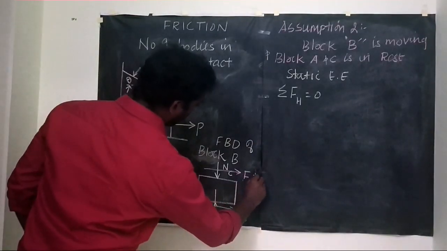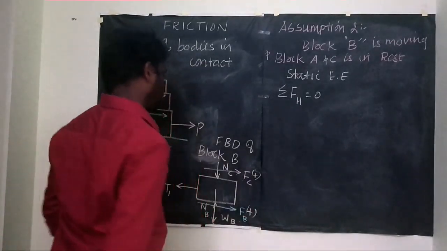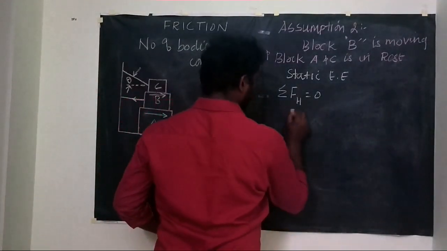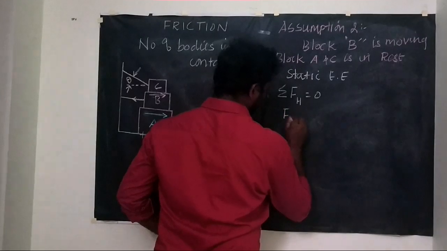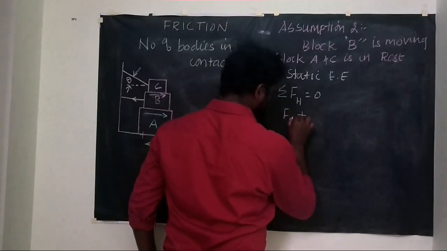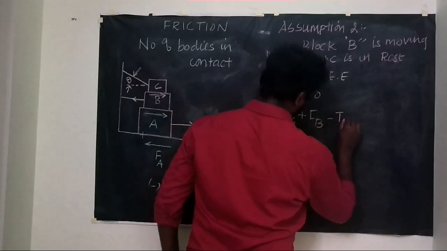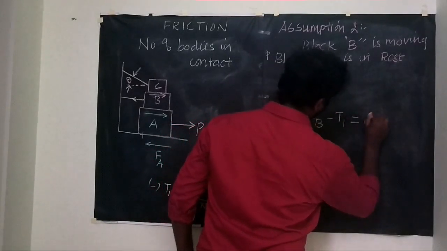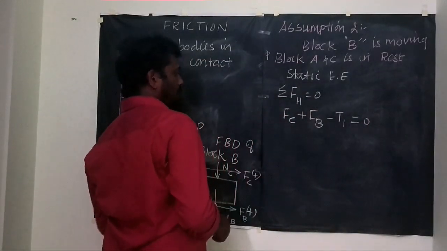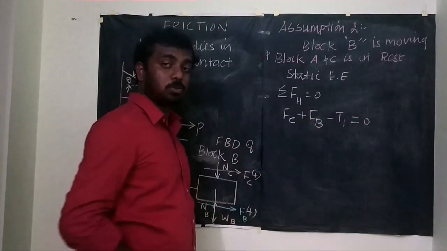The remaining two limiting friction forces are taken as positive. So FC plus FB minus T1 equals 0. This is my required equation. From this equation, we can calculate some unknown value when we do a problem.